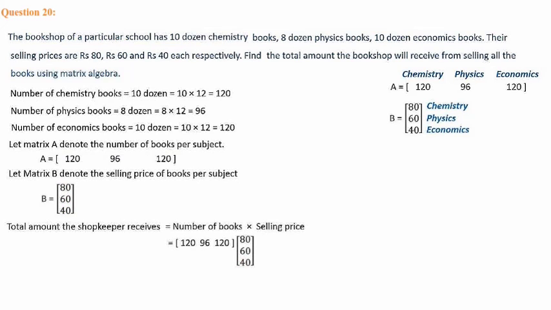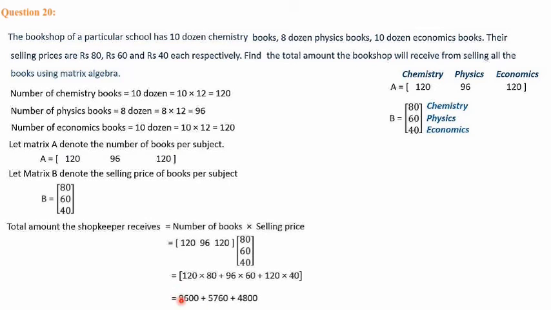With one row and one column, we will get only one element in the resultant matrix. That means 120 into 80 plus 96 into 60 plus 120 into 40. So 120 into 80 is 9600, 96 into 60 is 5760, and 120 into 40, that is 12 into 4, 48, so 4800.